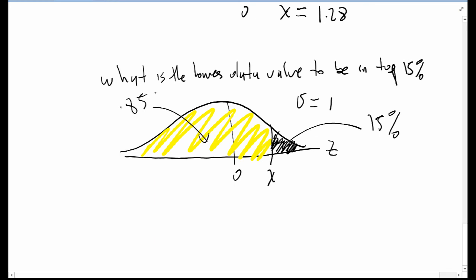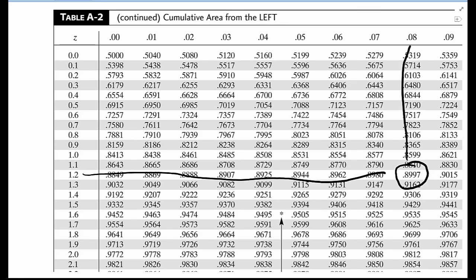That's the percentage of values that are below the value that I'm looking for. So I can go to the positive table, find the closest that I can get to 0.85 and get the value. I use the complement of 15%, which is 85%. I wrote it as a decimal, 0.85, and so then I go to the positive table.